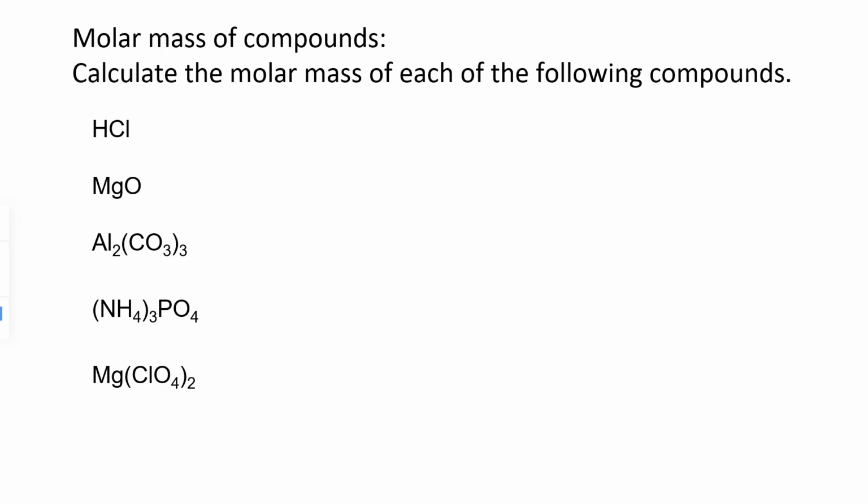HCl has 1 hydrogen, and I like to put these in a row. So there's 1 hydrogen. Now what is the mass of hydrogen? I have 1.008. There's 1 chlorine. So that's 1 times, chlorine is 35.453.